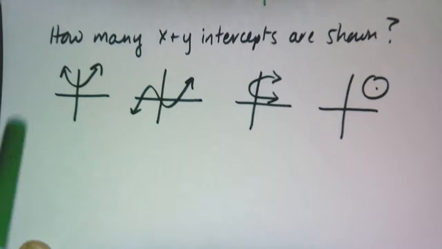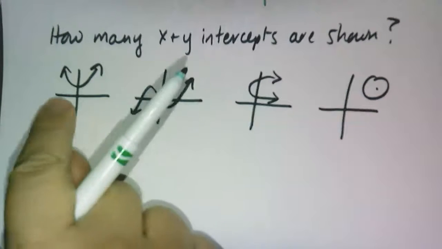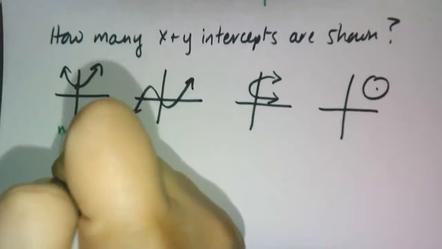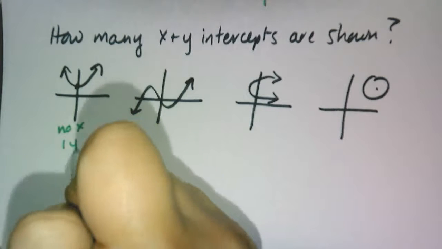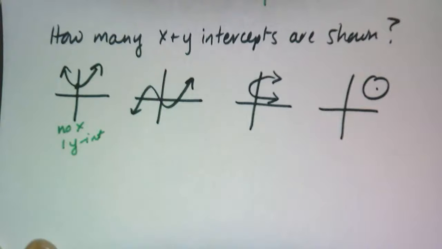In this first picture, how many x and y intercepts are there? No x. It's not even touching the x-axis, but it is hitting the y. So there is no x. There is 1 y-intercept. How about this one?